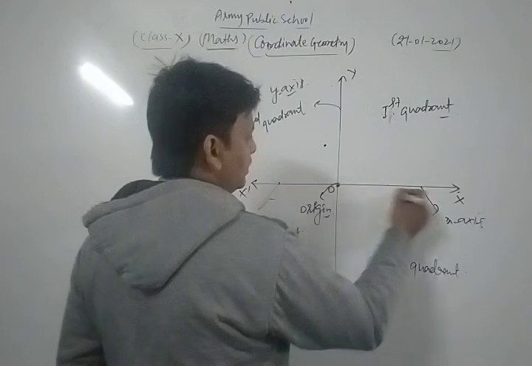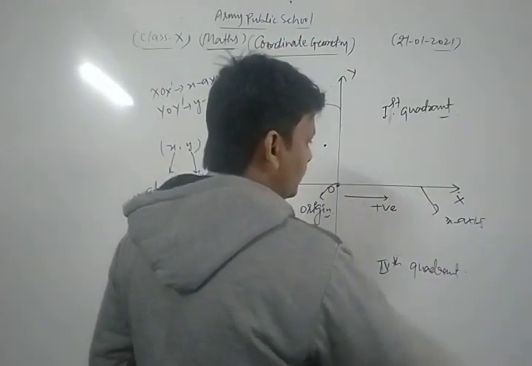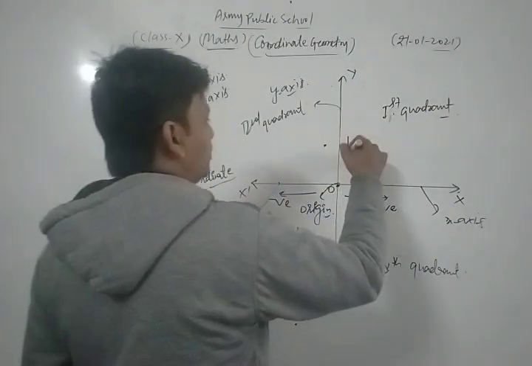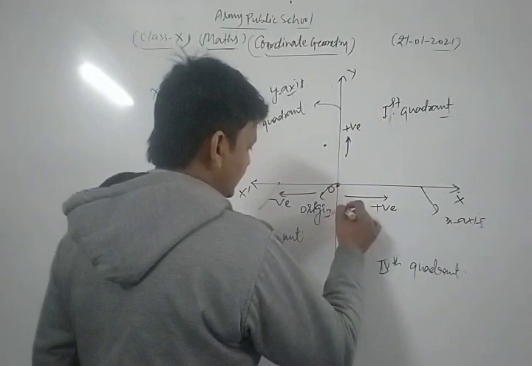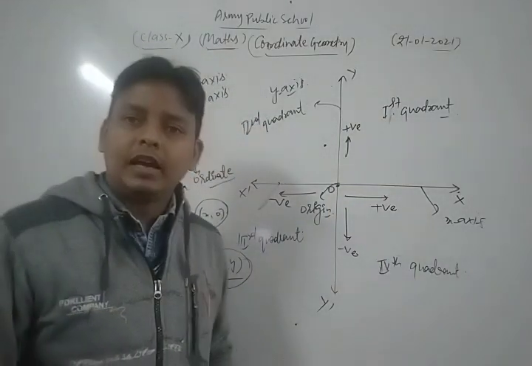Now let's see here. From the origin, the right side is the positive direction. This is the positive direction of the x-axis. This is the negative direction of the x-axis. This is the positive direction of the y-axis, and this is the negative direction of the y-axis.